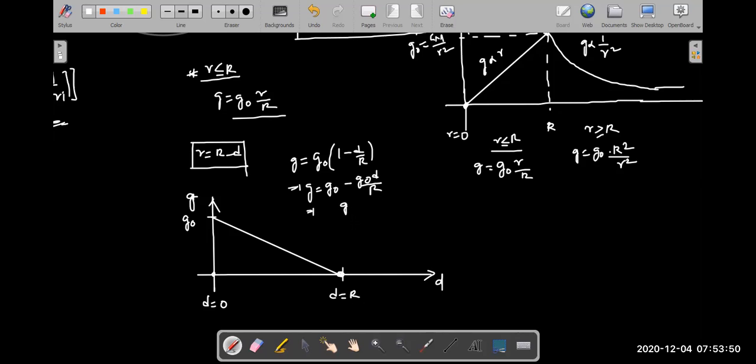How is this of the form? This will be y is equal to c minus mx. Yes, negative slope with a positive constant, positive y intercept.